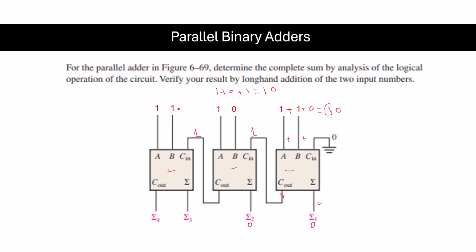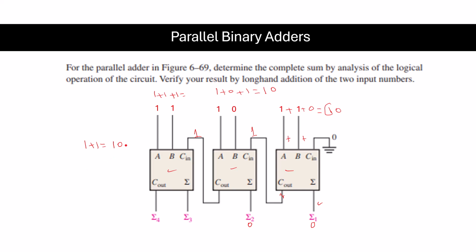One more time. So the final step, we have 1 plus 1 plus 1. For this one, we're going to make it easier by dividing the addition into two parts. First of all, I'm going to add 1 plus 1, which is going to give me 2, which is 1, 0.